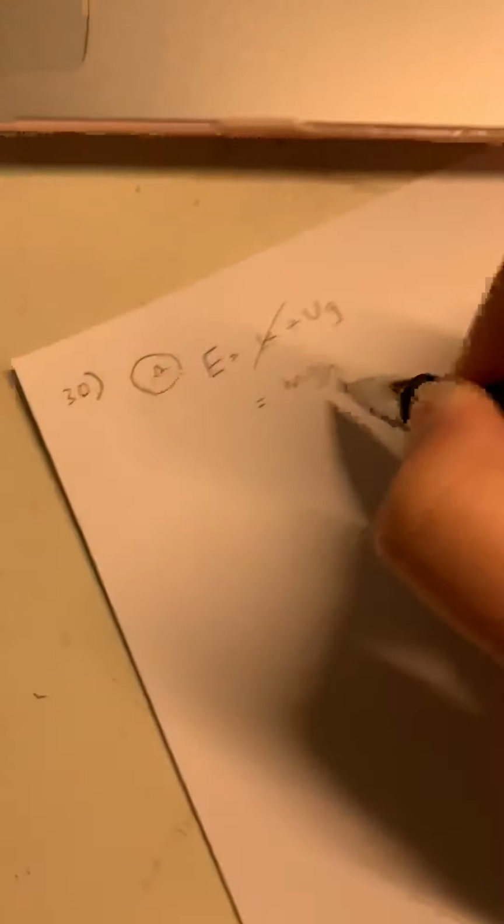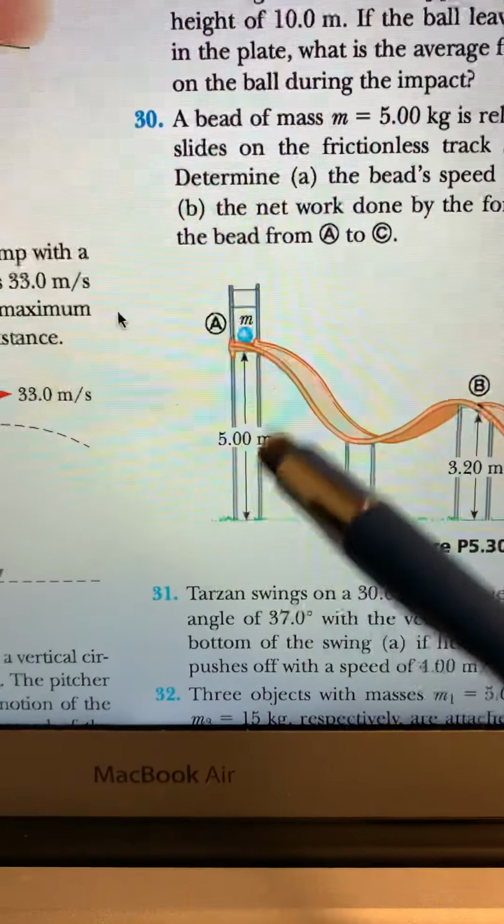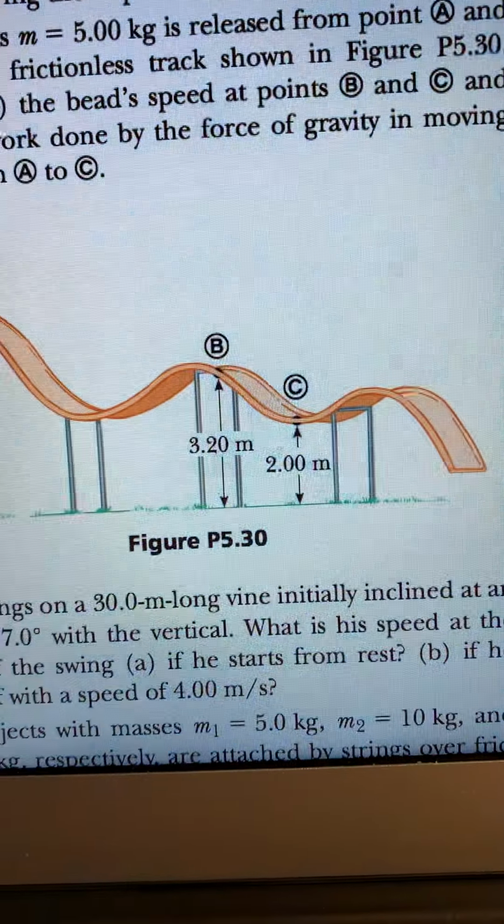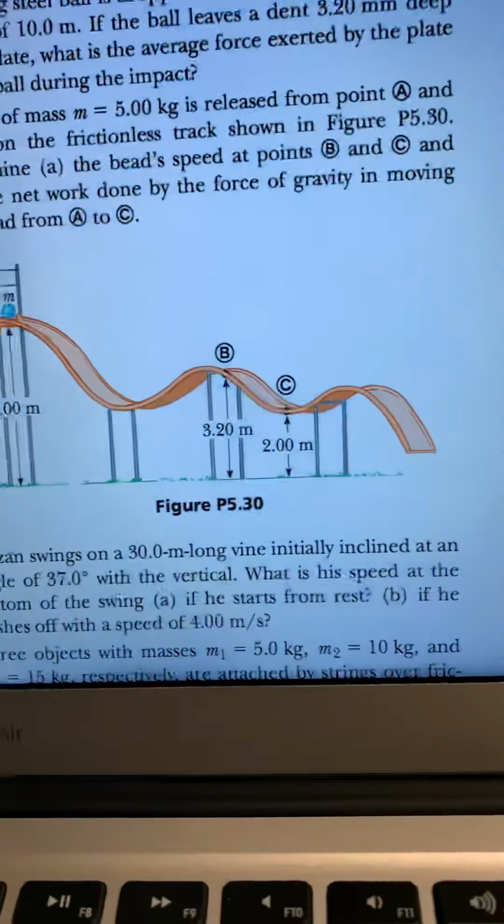I'm going to call the height in this case h1, and I'll make a key over here: h1 equals 5 meters, h2, the height at point B, is 3.2, and h3, the height at C, is 2 meters. That way I don't have to worry about numbers throughout the entire problem.